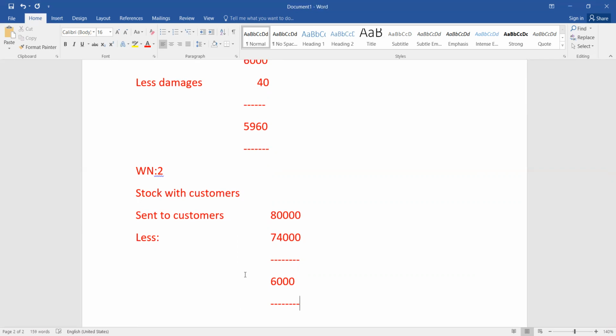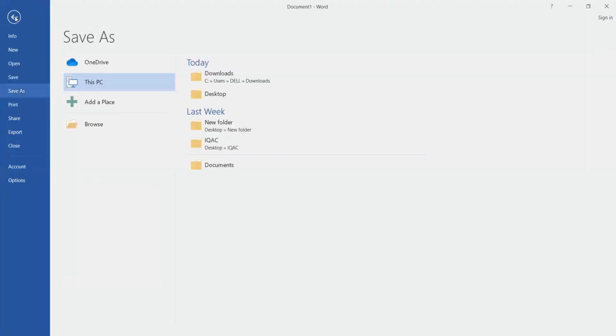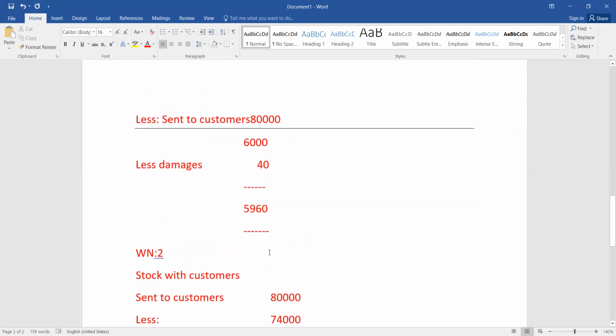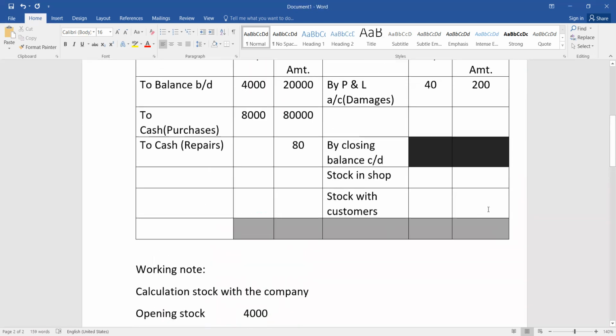So as we have calculated the units of stock with the customers and in the company, let's take the units into the account. The closing balance in the company or at the shop is 5,960 as calculated, and with the customers we have 6,000.